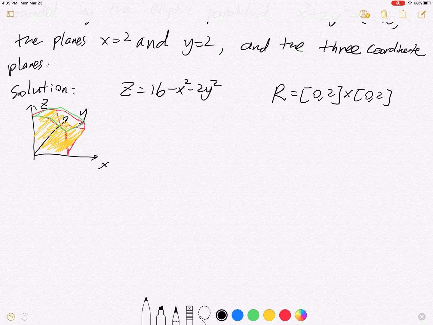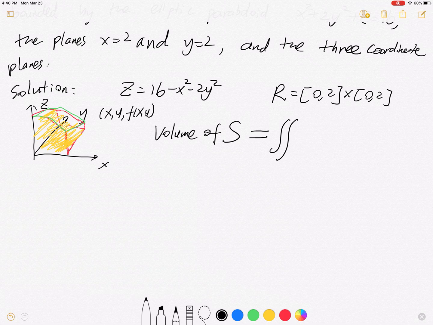Then the volume of S can be given by, recalling the geometric interpretation of the integral, because this graph is given by f of x, y, the integral of f(x, y) dA.